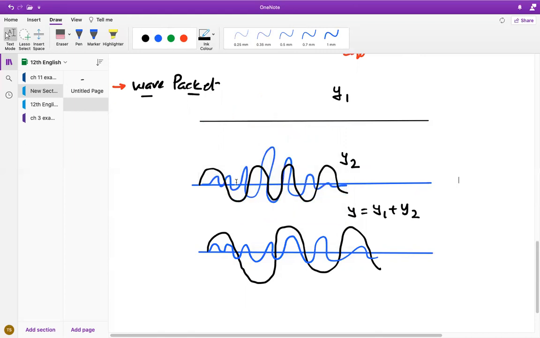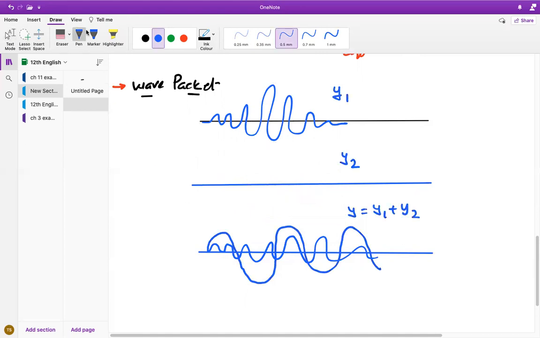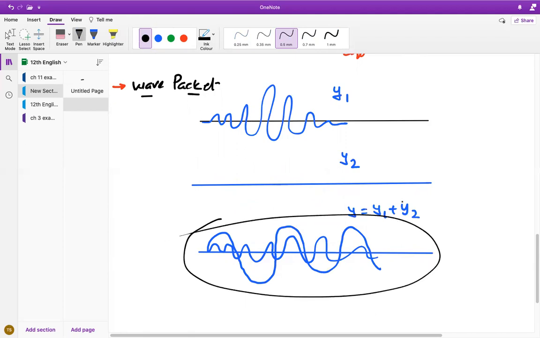So it's like superimposition of one wave onto another one. The last one is the combination of both waves. The entire wave is called Y. It is called a wave packet. This is how our companies are offering us internet.